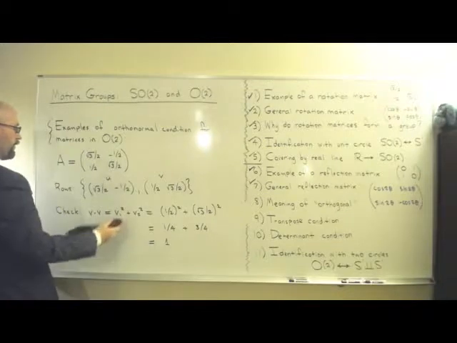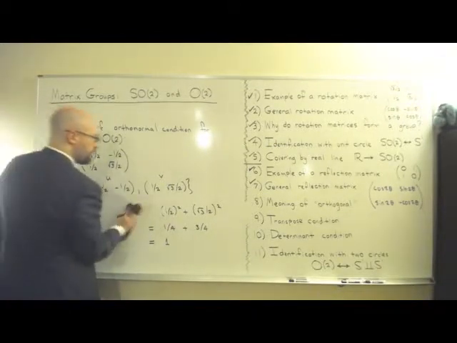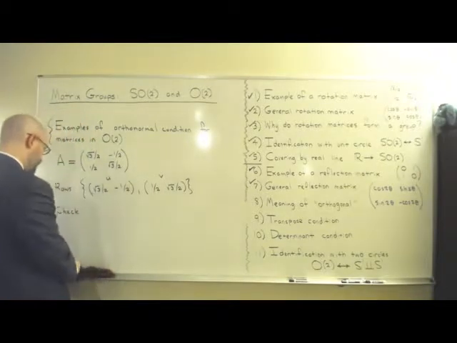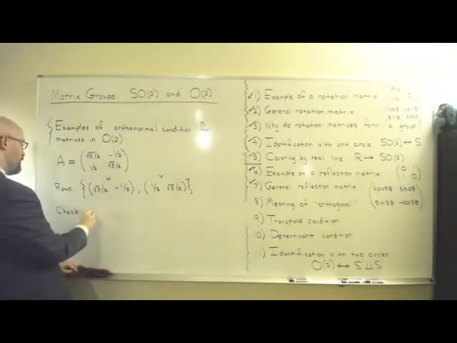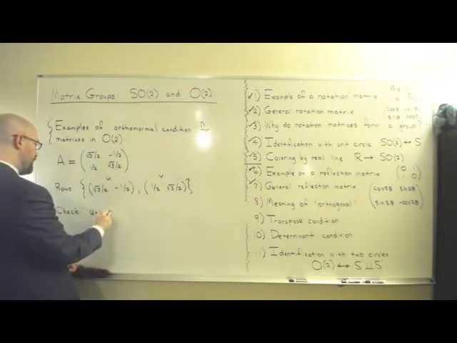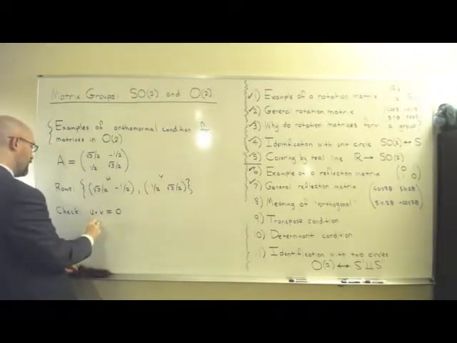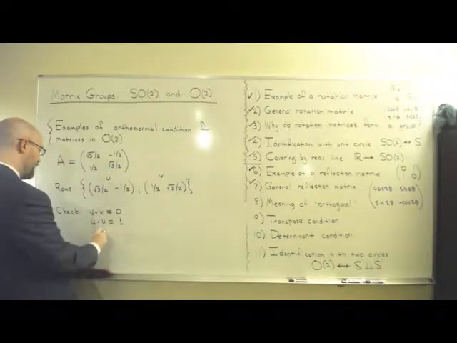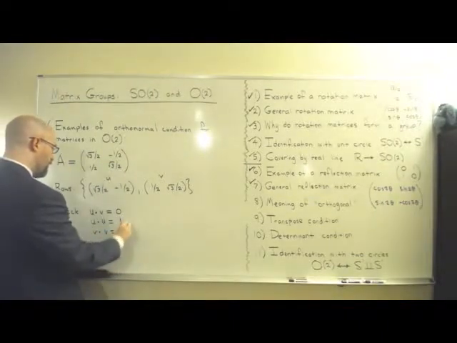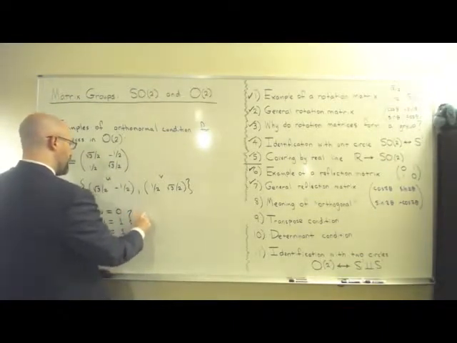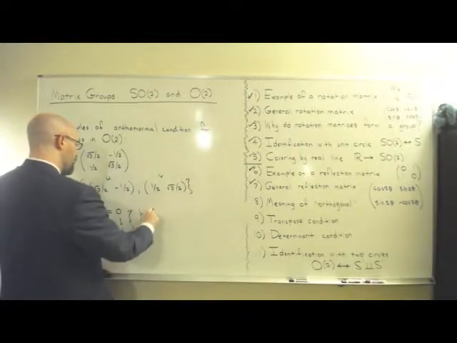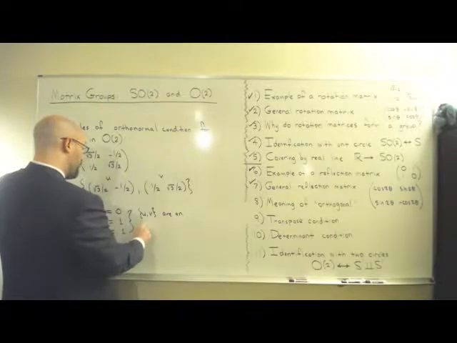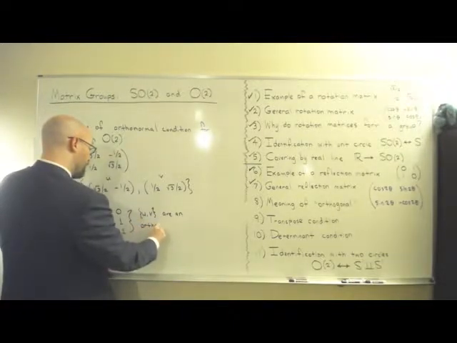So what this all boils down to is that U dot V was 0, U dot U was 1, and V dot V was 1. And these together say that U, V are an orthonormal set, because that's what orthonormal means.